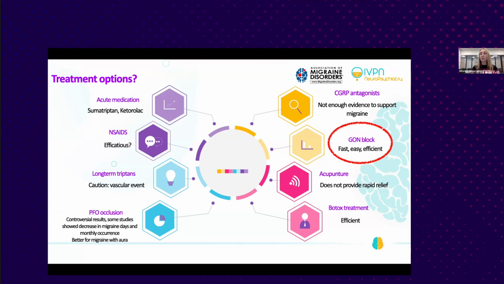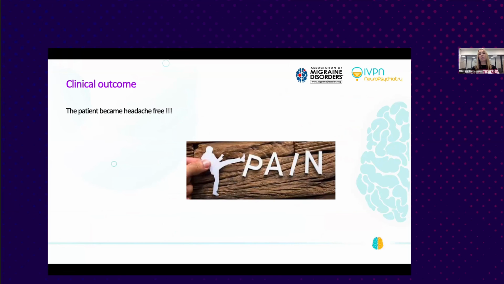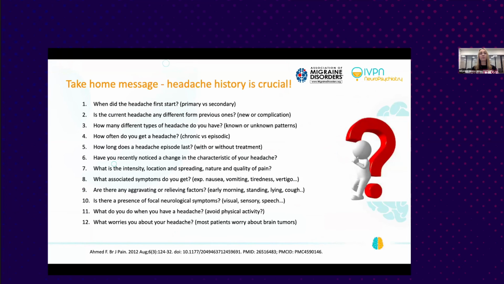And what should we do? Well, maybe we could give an occipital nerve block, and that's what we did. And guess what? The patient became headache-free. So without even knowing the correct diagnosis, there is still a big debate among us about what actually happened here. She was actually pain-free, and she's quite happy and 100% responsive to that treatment.